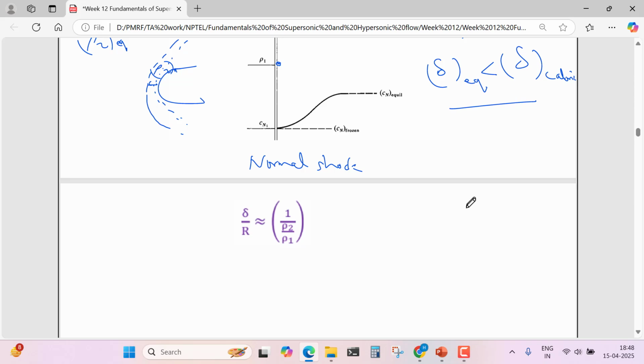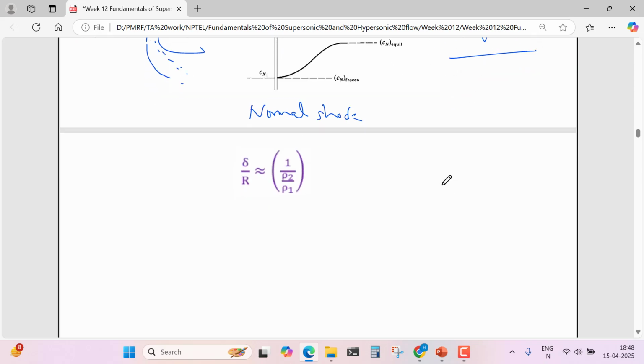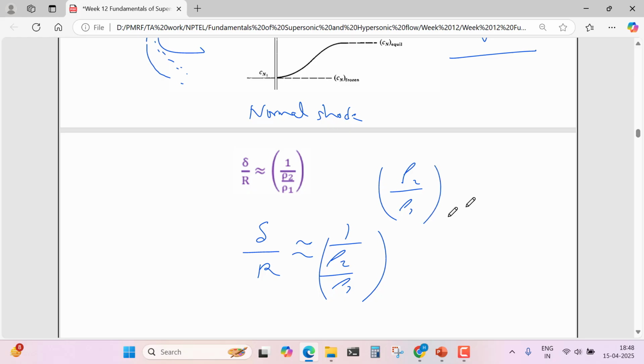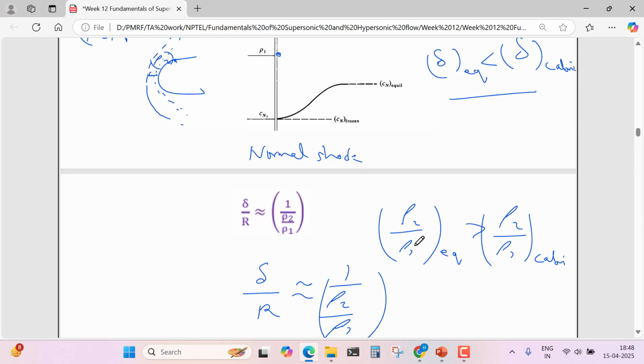Or you can say, if there is a sphere of radius r, then its shock standoff distance is approximately proportional to 1 upon rho 2 by rho 1. And as we already saw, rho 2 by rho 1 for equilibrium will be higher than rho 2 by rho 1 for calorically perfect gas. So if rho 2 by rho 1 is higher, then shock standoff distance is lower. So for the equilibrium flow, shock standoff distance will be lower than for the calorically perfect gas.